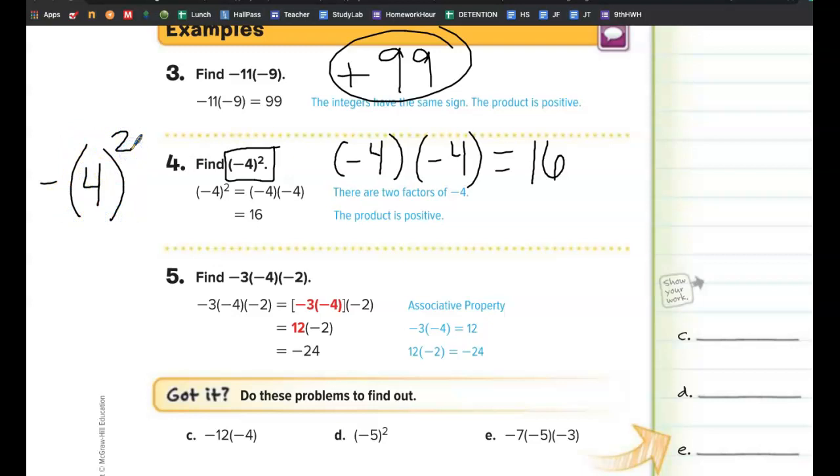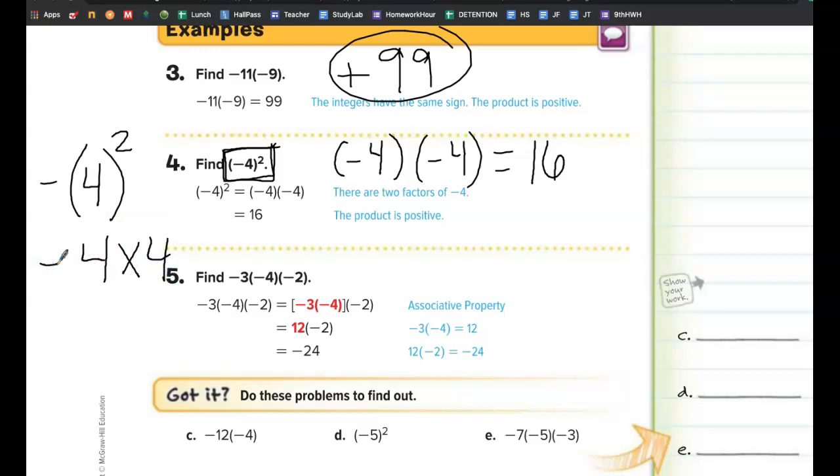This is different than the other one. In that example, the negative was included in the parentheses, so you include it when you take it times itself. Here, is the negative inside the parentheses? No. So you only take what's inside the parentheses times itself. What is inside the parentheses? 4. So I take 4 times 4, but I have a negative on the outside.